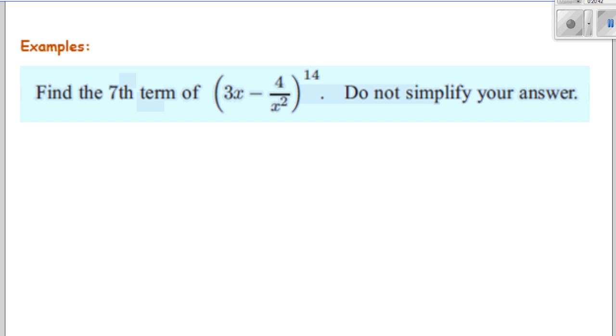So in terms of your coefficient, if you're not sure where the 7th term is going to be, notice it's out of 14. So what would be the nCr for the first one? It'll be 14C0. Don't forget the first one starts with 0. So if you're not sure, just write it out till you get to the 7th.